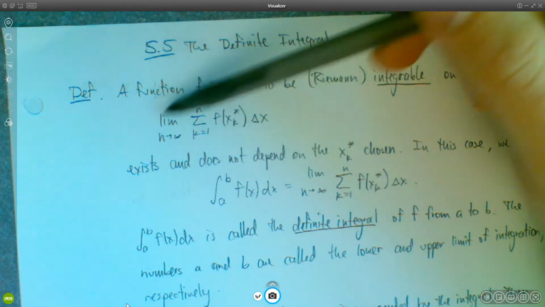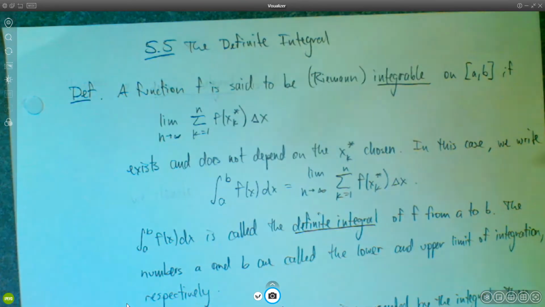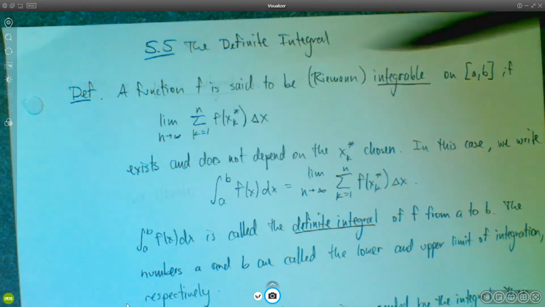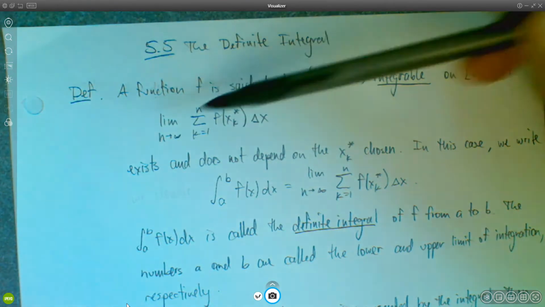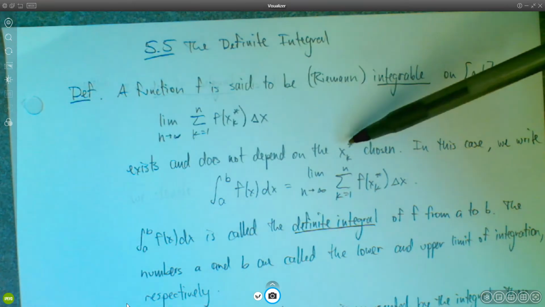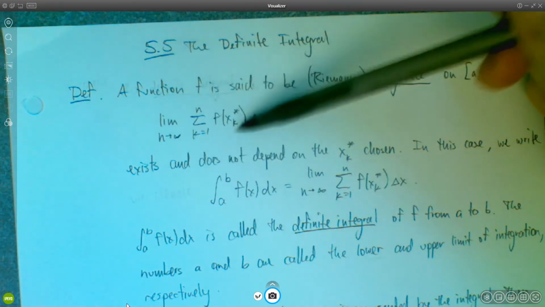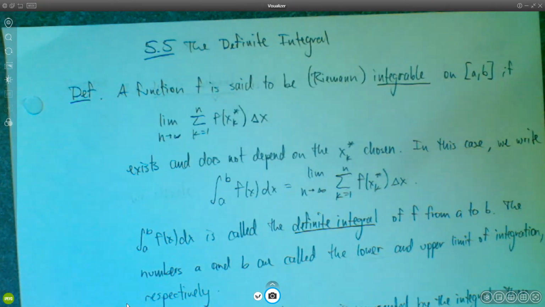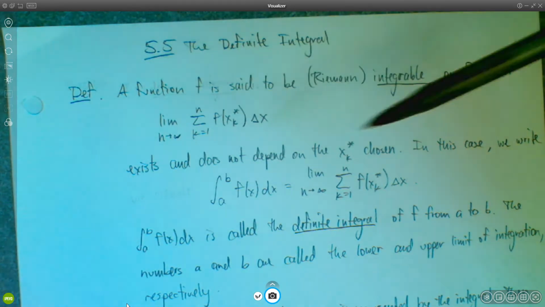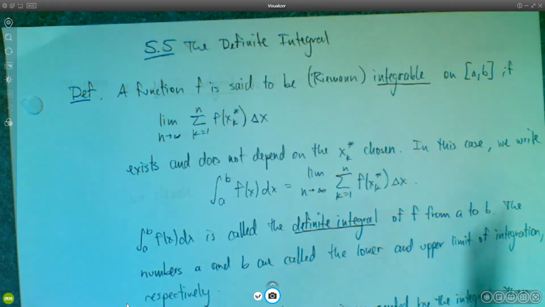So if this limit exists, then f is said to be Riemann integrable. Well, rather, actually there are two conditions: this limit has to exist, and the limit cannot depend on the xk stars chosen.